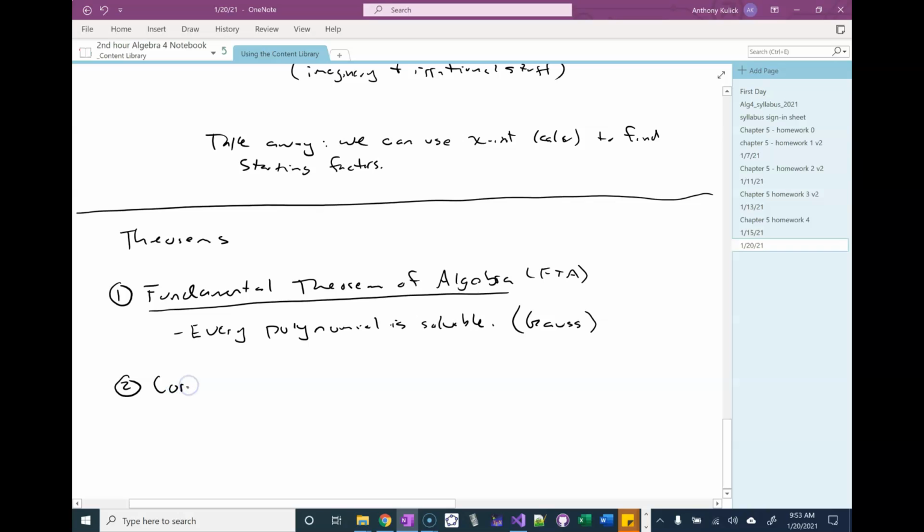The next one is the corollary to the fundamental theorem of algebra.